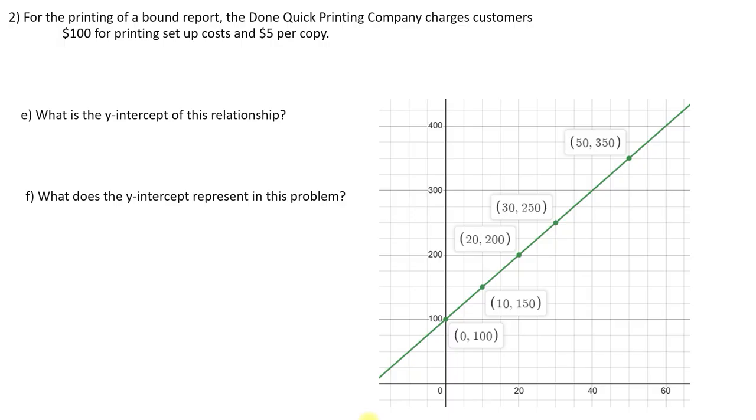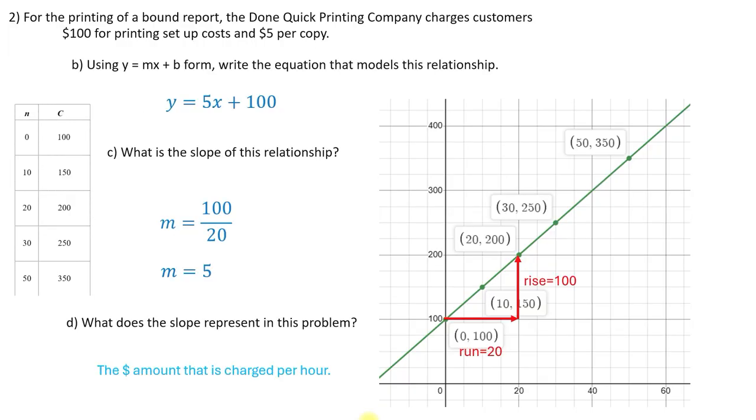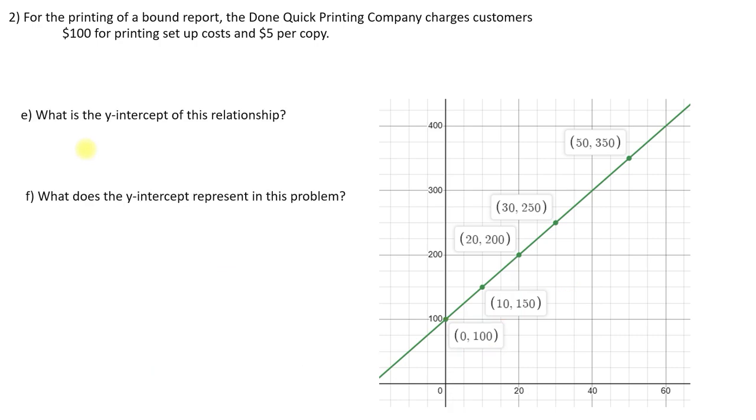What is the y-intercept of this relationship? Well, the y-intercept is the y value when x, or in this case n, is 0. And then we can see that it is 100. So the y-intercept is 100.